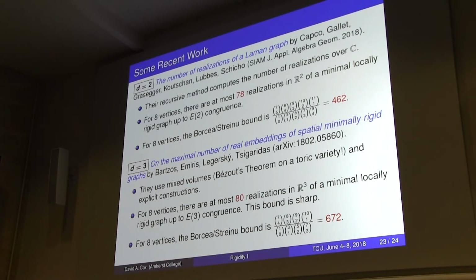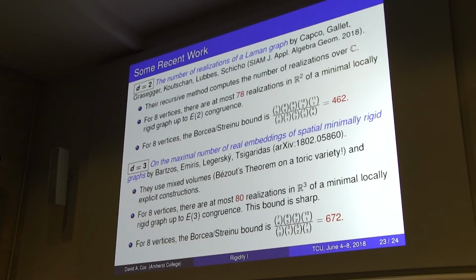They did some very explicit constructions. And then for 8 vertices, their methods gave at most 80 realizations in R3 of a minimal locally rigid graph up to congruence, and by construction, they actually could show that number sharp. I think it was a lot of work, but they did it.